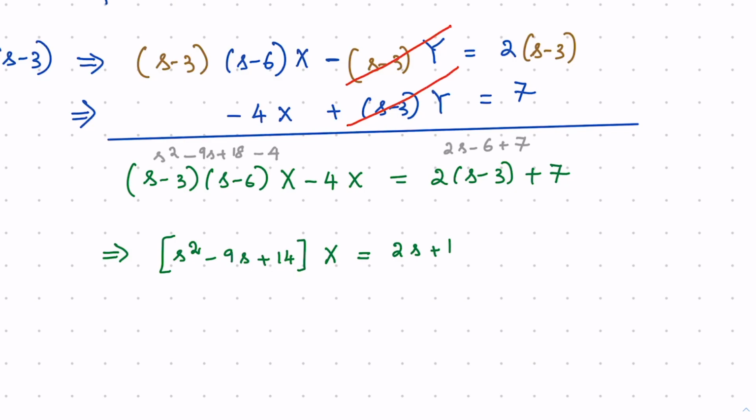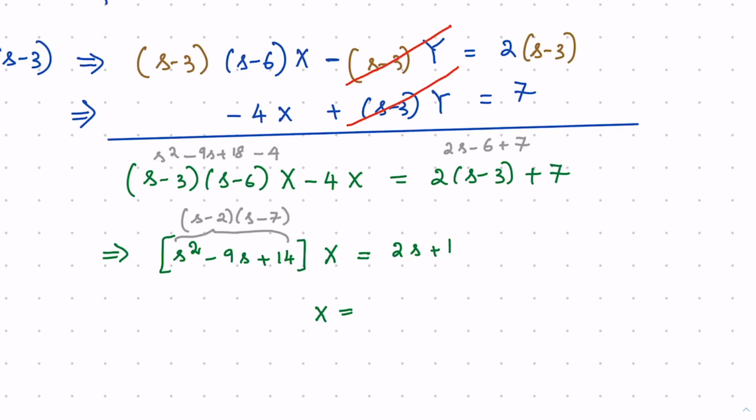Now I have an algebraic equation in terms of X. So let me solve for X. If I solve for X, by the way, if you remember this, I know you're all experts in factoring. If you factor this out, this should be s minus 2 multiplied by s minus 7, right?